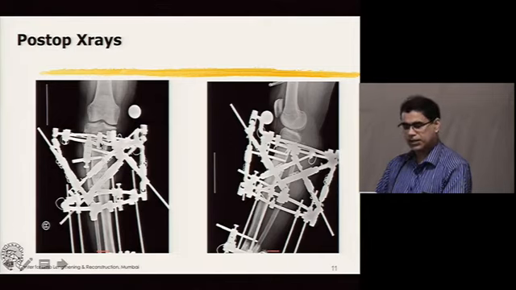So again a fresh program was made and the axes were aligned well. And that's how much the lengthening has been achieved. Then the rods are changed to straight rods. Patient continues to weight bear.